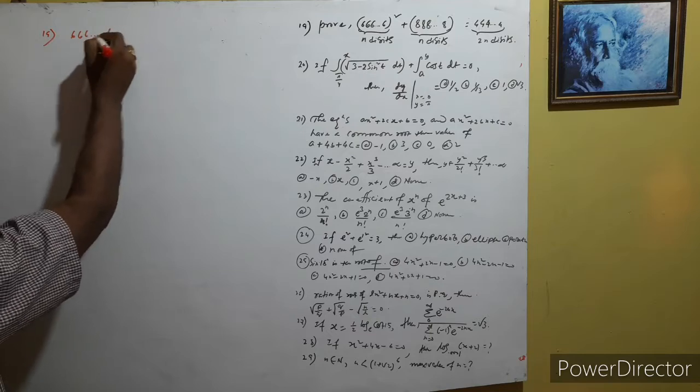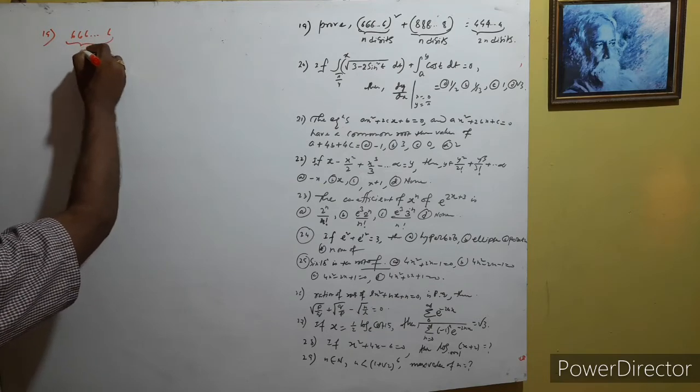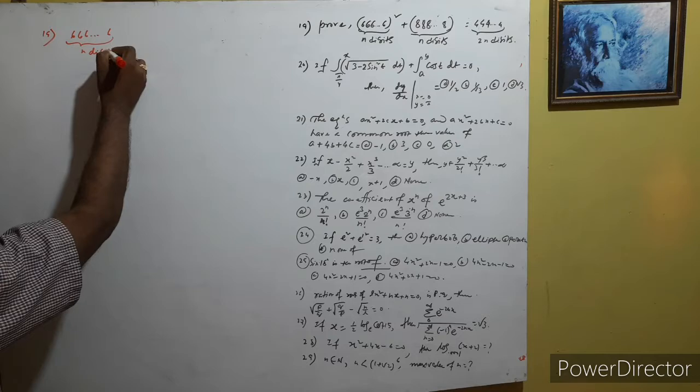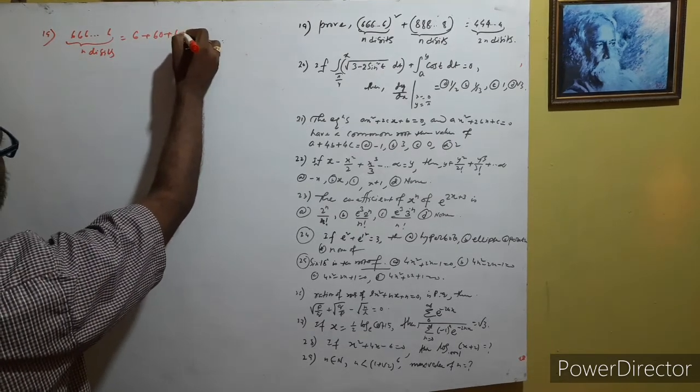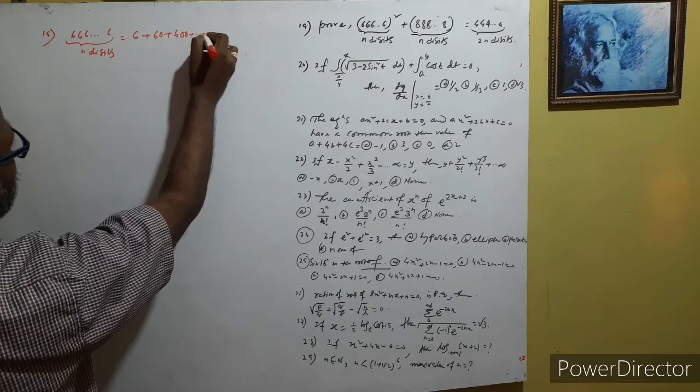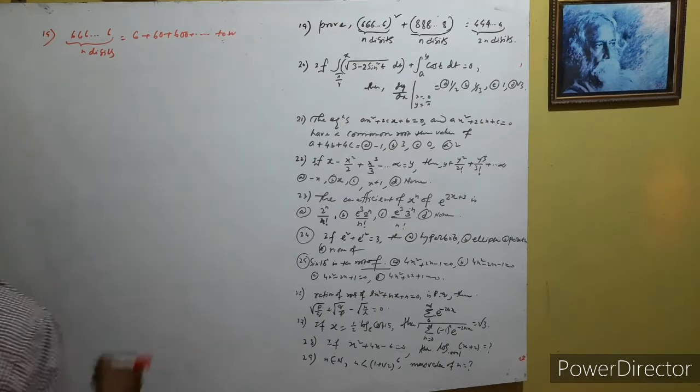Here 666...6 is your n digit number, and that is equal to 6 plus 60 plus 600 up to n terms.